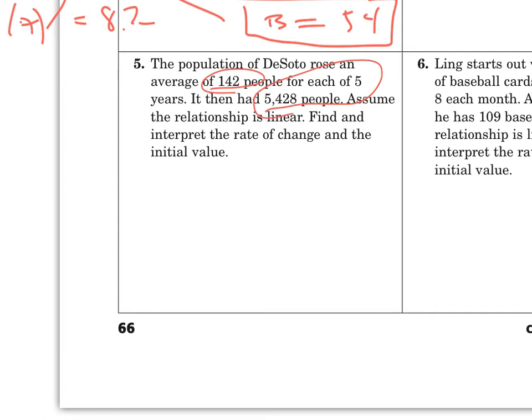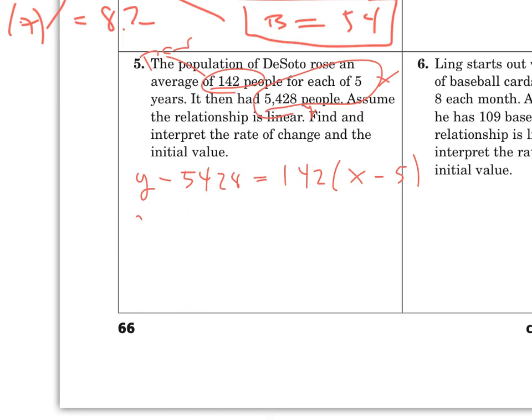So this creates a data point. It creates a snapshot in time, that after 5 years you had that number. And this is our per. So this is our x, this is our y, this is our per, our slope. So we're going to do y minus 5,428 equal to our slope of 142 people times x minus 5, and then we just solve for y.